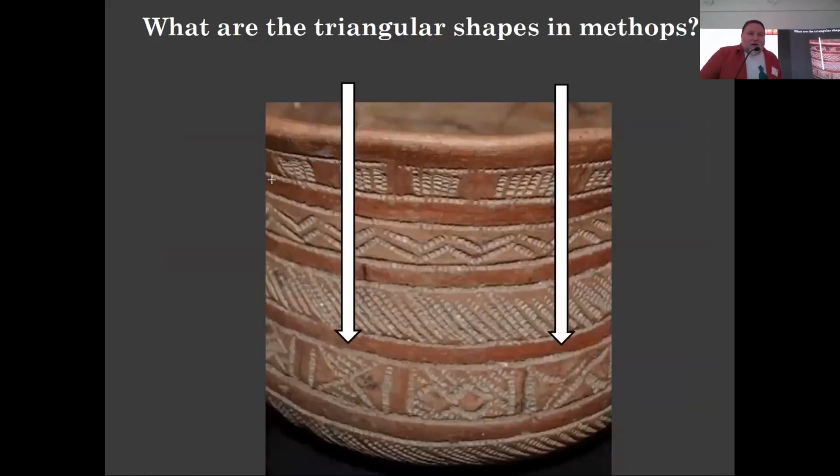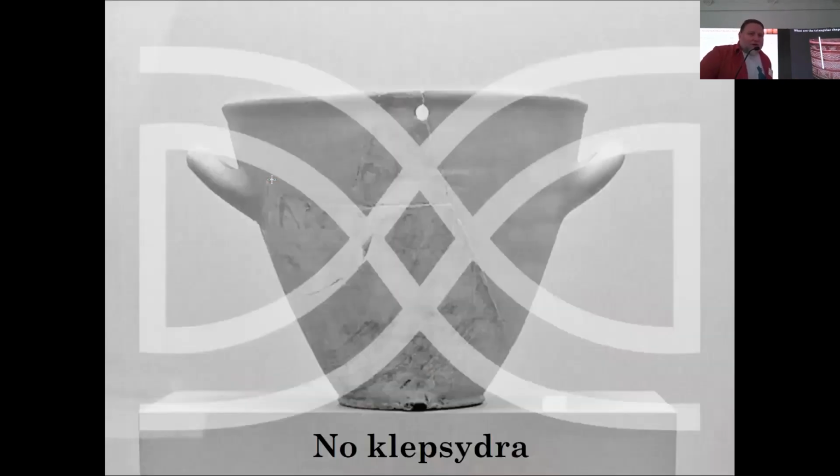Okay, so what are these triangle shapes? Throughout the Beaker studies, we have many names for these shapes and many ideas what they could be, and we can still hardly put our finger on the true meaning.